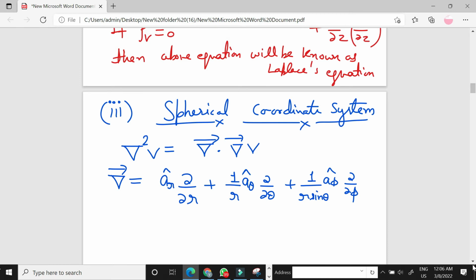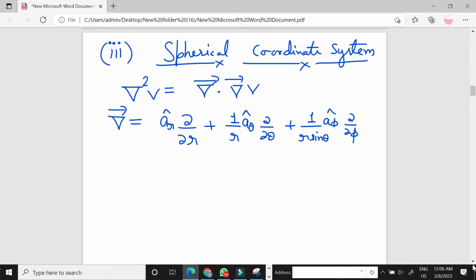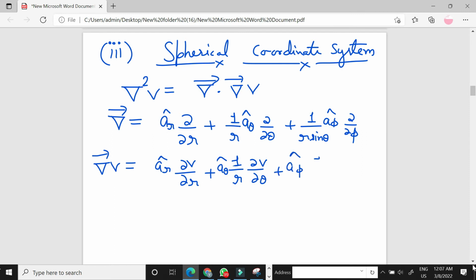Now del V is equal to A R del V upon del R plus 1 upon R A theta del V upon del theta plus 1 upon R sin theta del V upon del phi, where V is a function of R, theta, phi.